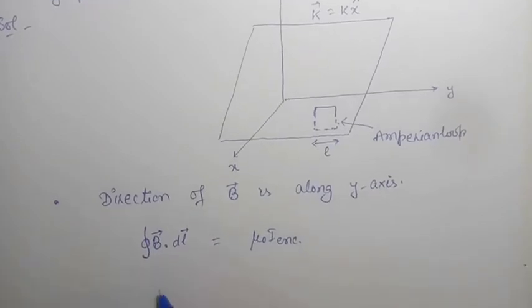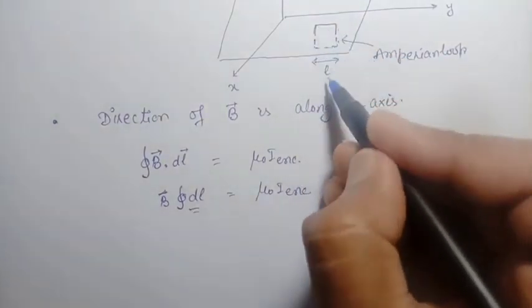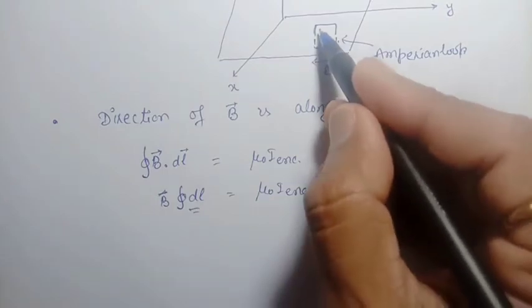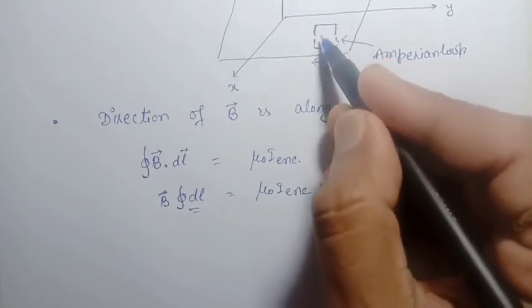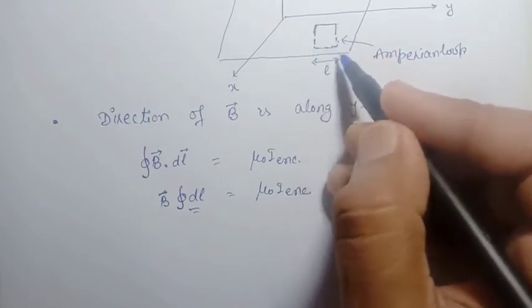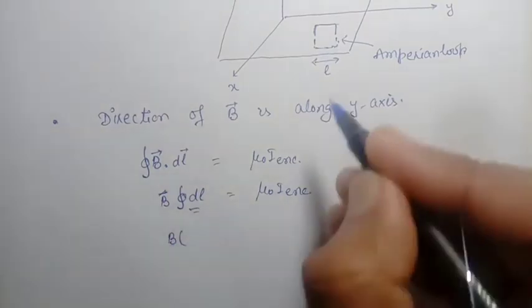So here we have this B and this dl, and this is equal to mu naught I enclosed. When we integrate this, as we discussed, this is an Amperian loop and the length is L. So only the top and bottom lengths will contribute, and this portion will not contribute to the total integration. As a result we get 2L.